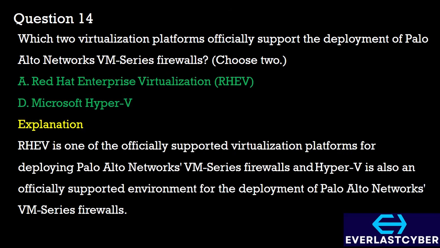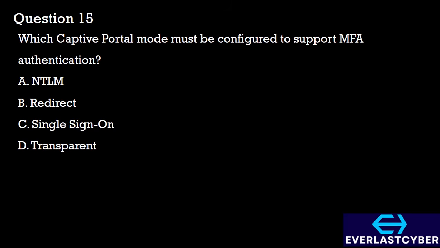Our answer here will be options A and D. So the Red Hat Enterprise Virtualization is one of the officially supported virtualization platforms for deploying Palo Alto Networks VM-Series firewall. Also, Hyper-V, which is Microsoft's virtualization platform, is also an officially supported environment for the deployment of Palo Alto Networks VM-Series firewalls. So our answer here is options A and D.